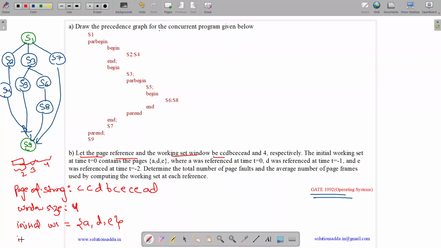So what is the initial window size? It is 3. With A being referenced at t equals to 0, D at t equals to -1 and E at t equals to -2, which means E is the oldest one and A is the newest one.